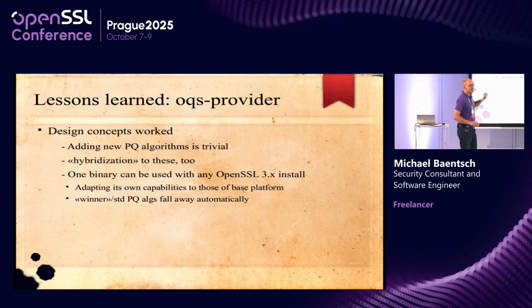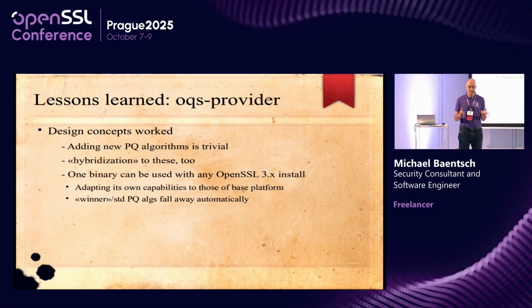Then something interesting happened. At the beginning of the year, many people, a little bit also myself, started integrating PQ into OpenSSL master, into the base system, because some of those algorithms got standardized. So we didn't choose the winner, but NIST did.